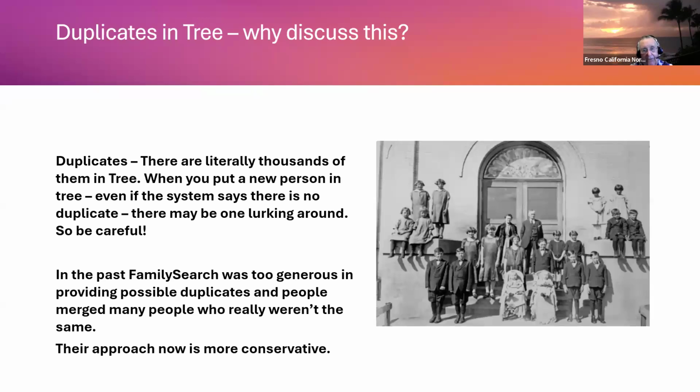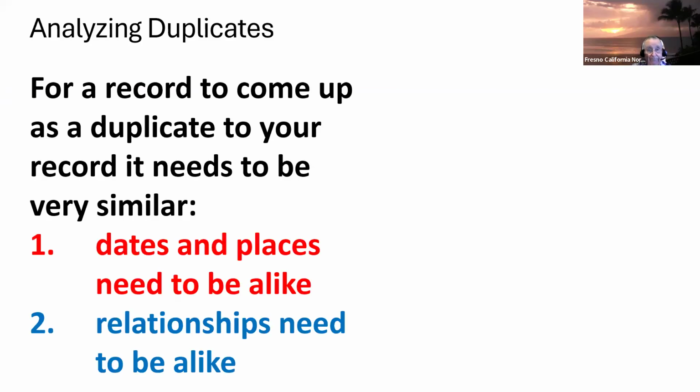But what happened is if the church said those two people were duplicates, somebody out there would merge them, even though it wasn't really a match. And so they've turned the other way and become very cautious about providing us with duplicates. We have to kind of come up with them.